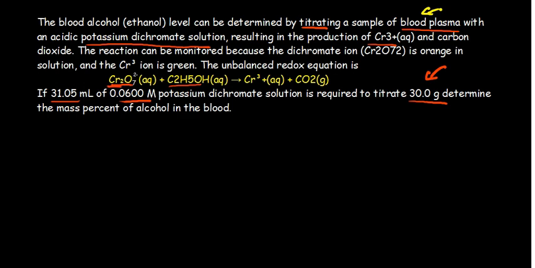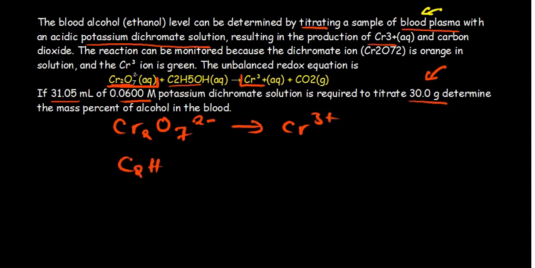Just to give you some tips, you'd have to use the ion electron method. If you observe, this is related to the chromium 3 ion, so you write it this way: Cr2O7 2 minus gives you chromium 3 plus ions, and then the ethanol C2H5OH is related to carbon dioxide on the other side.